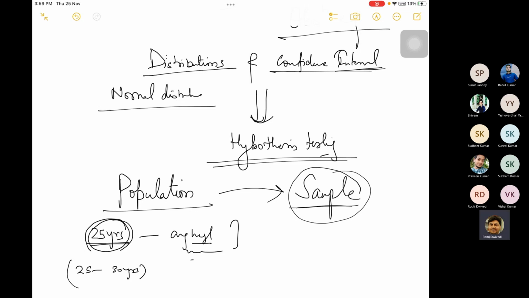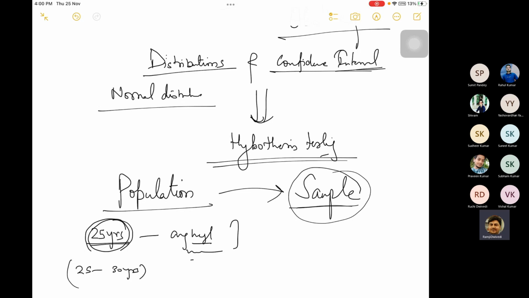Why? Because some states may have different heights or weights of a person. So, to have a representative scenario, the sample has to be representative. Okay, that is one thing.